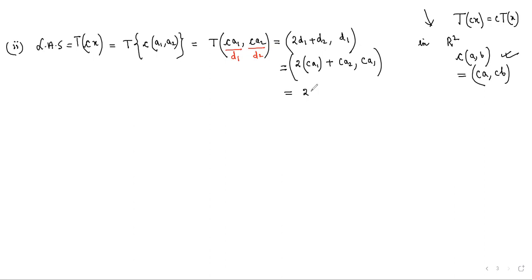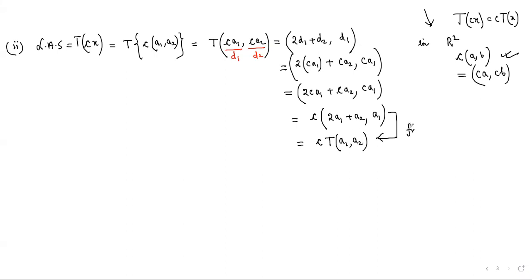So we can write it as 2CA1 plus CA2 comma CA1. Now you see that we can take C common from here. So we can write it as C of 2A1 plus A2 comma A1. And this 2A1 plus A2 comma A1 form is nothing but your T of A1 comma A2. I'm writing this from the definition.